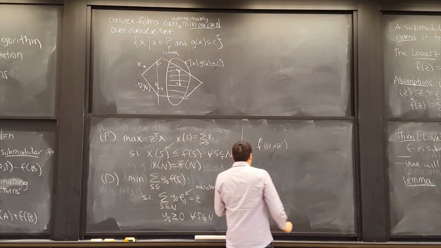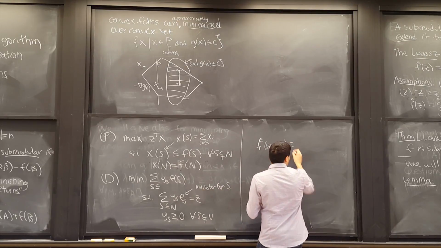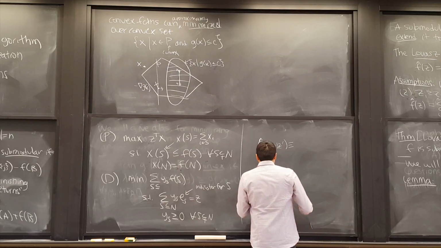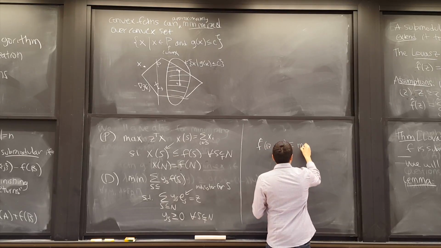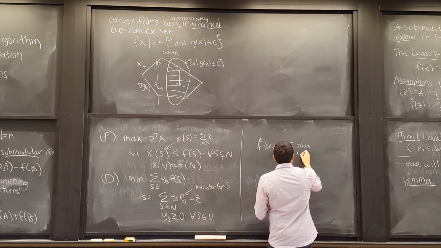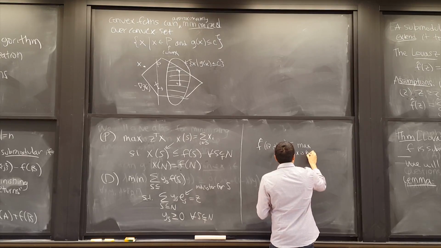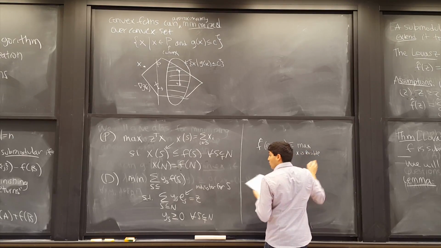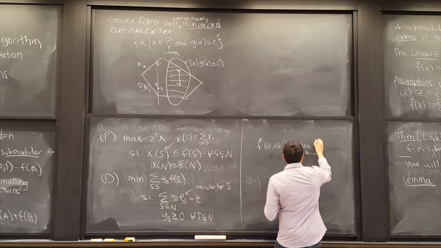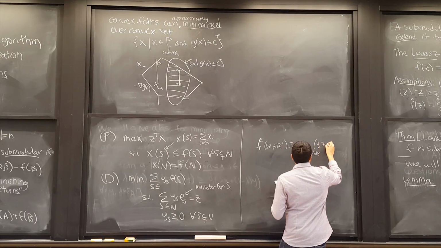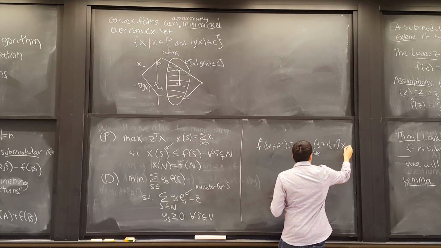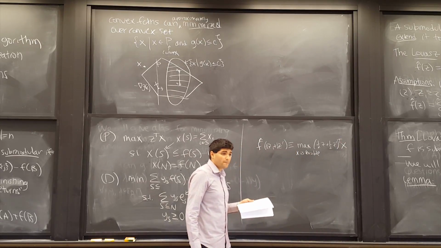Well, that, we know through this lemma, is the same thing as the max over X, which is feasible for this primal P, of (1/2 Z plus 1/2 Z prime) transpose times X, right?